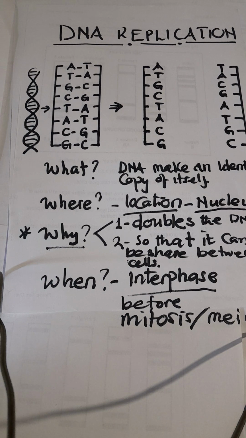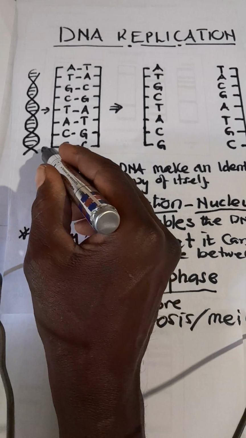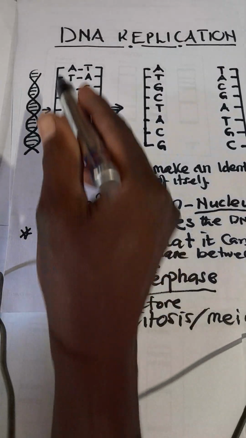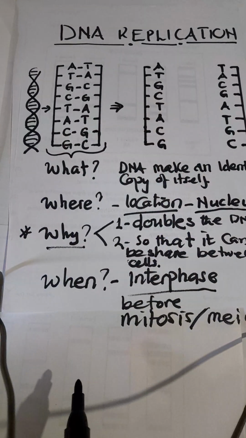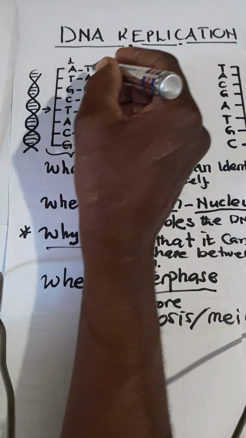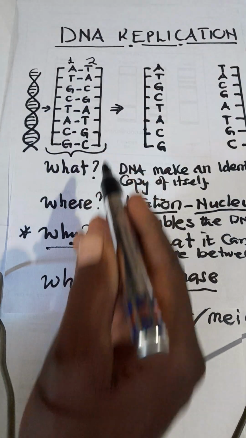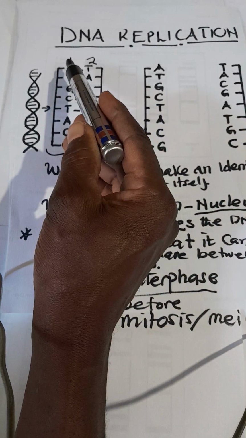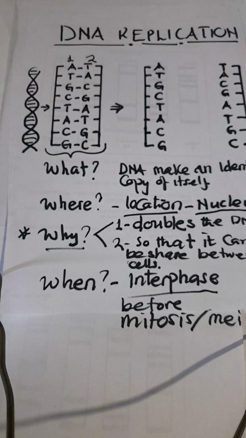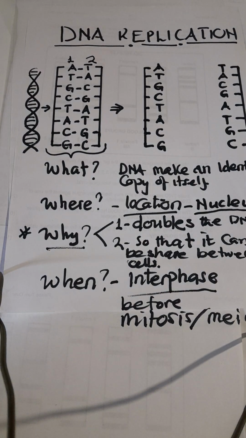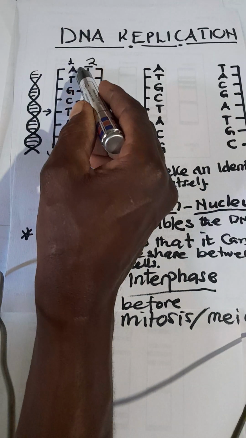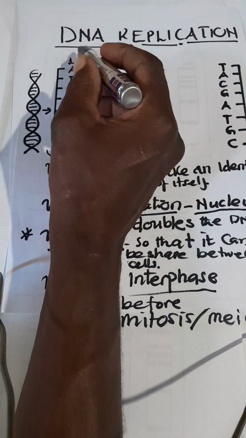So when it unwinds, it becomes double-stranded, consisting of two strands. I've got strand 1 there and I have strand number 2. These are the two strands in a double-stranded structure, which are joined by the weak hydrogen bond.